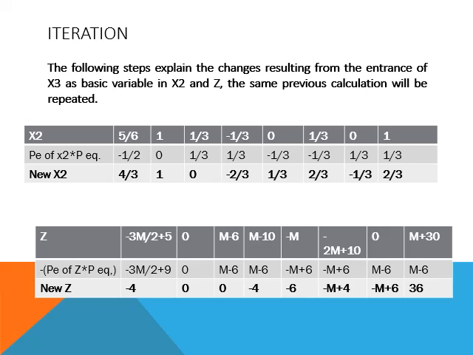The new x2 as the result of the entrance of x3 as basic variable, and the new z are shown. We apply the same previous procedure to find these changes.